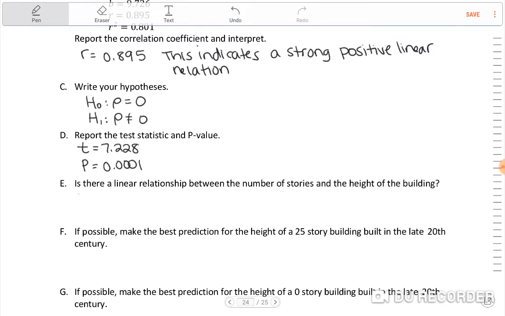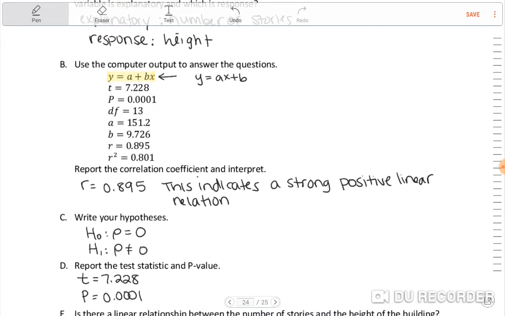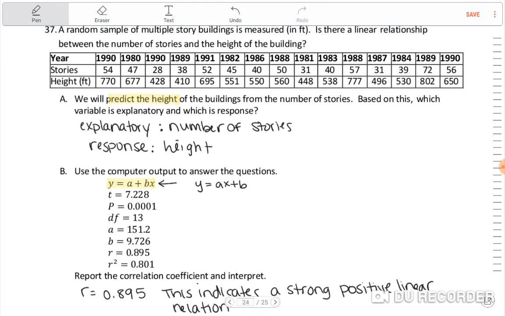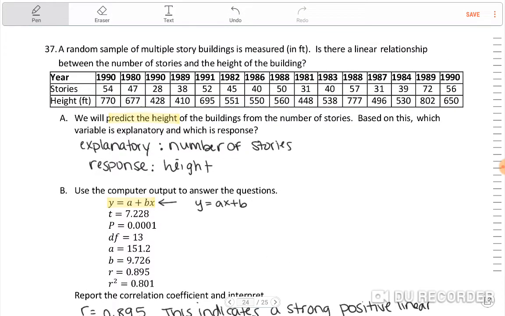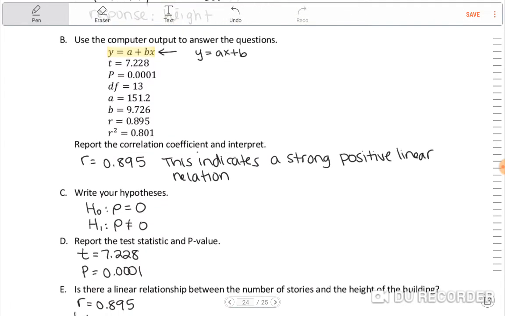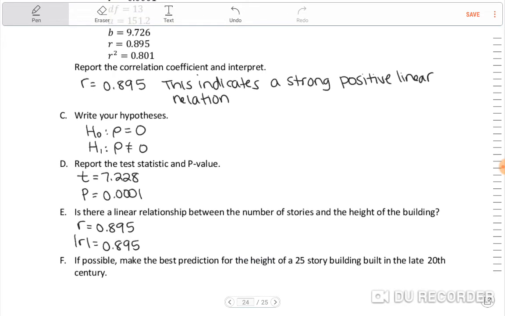We said, all right, so my R is equal to 0.895. And so my absolute value of R was 0.895. And then we checked my N, oh, that doesn't give it to us. All right, we can count. 1, 2, 3, 4, 5, 6, 7, 8, 9, 10, 11, 12, 13, 14, 15. So N is 15.